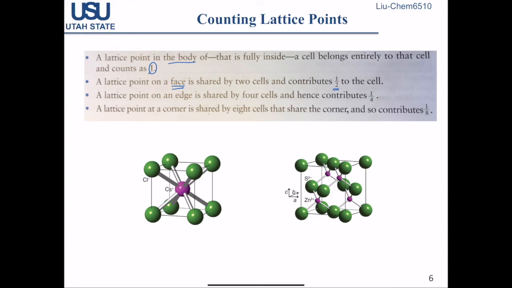If the lattice point is at an edge of the unit cell, then it is going to be shared by 4 cells, right? Imagine that. Then this point will contribute a quarter to each cell. If a lattice point is at the corner, then it is going to be shared by 8 adjacent unit cells. Then that point only contributes 1/8 to one unit cell. Okay, I hope you get that.